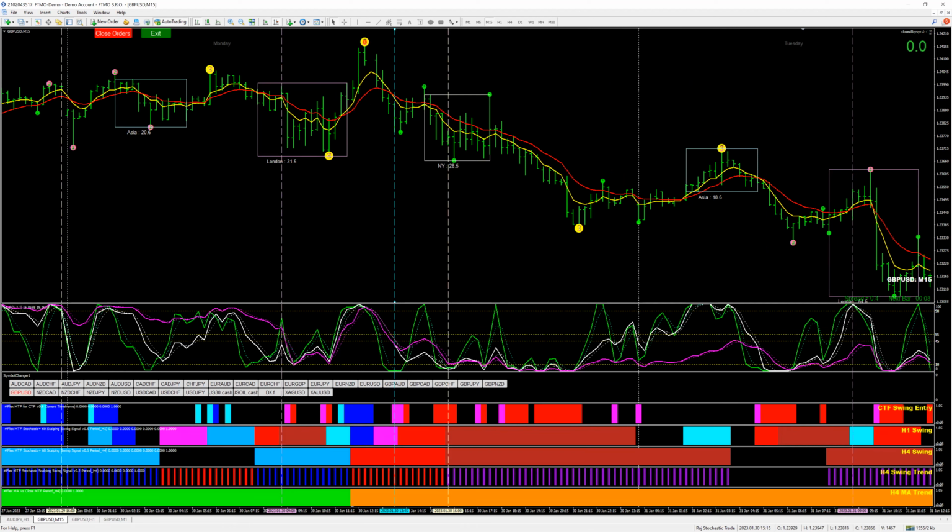I would wait for a retrace and take this entry. The reason I would take that first one is because it had already started to come down, whereas this one is a reset. This one, the magenta is also confirming, the long term is also confirming that now we are bearish, right?